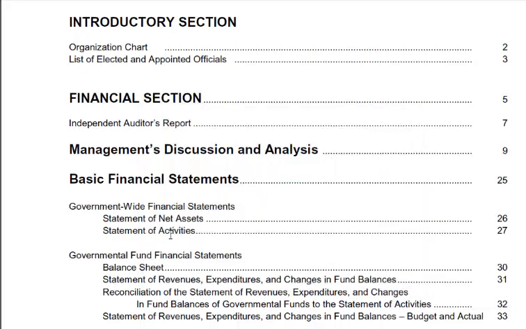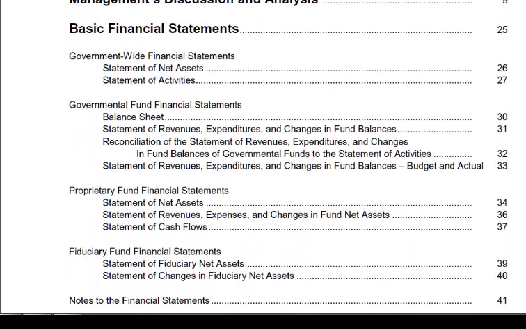The second section are what's called the basic financial statements, which are comprised of the government-wide financial statements, which run from pages 26 to 29, and then what are known as the fund statements.